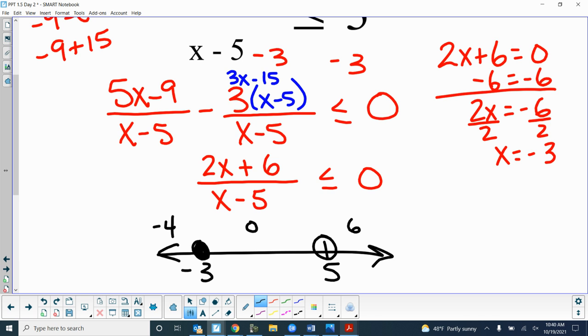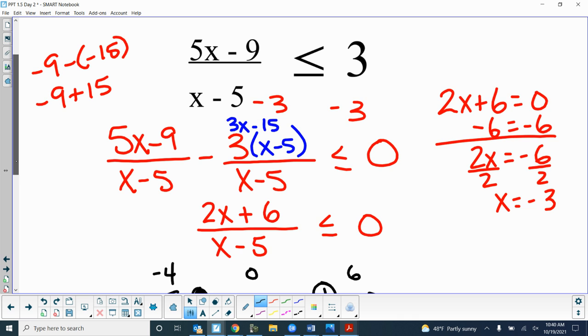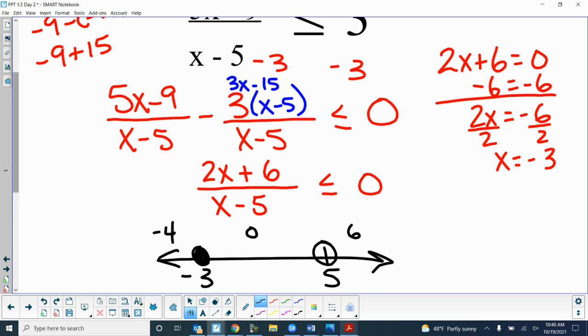All right? So we're looking at the original problem. So 5 times negative 4 minus 9 for the numerator over negative 4 minus 5 for the denominator. So that's a negative 20 minus 9, which is a negative 29. The negative 4 minus 5 is a negative 9.